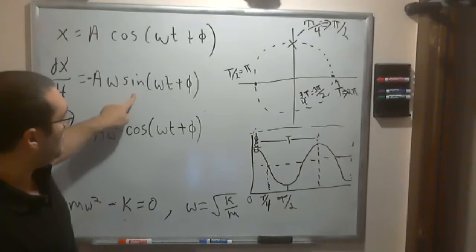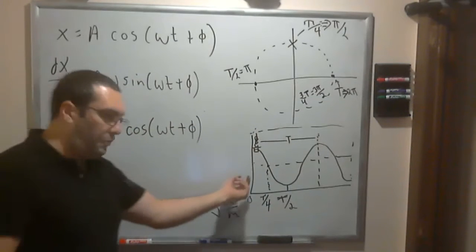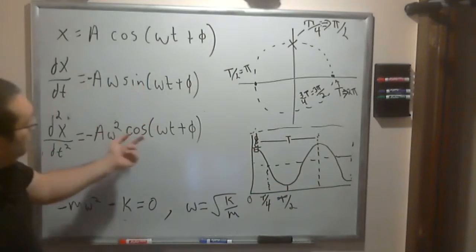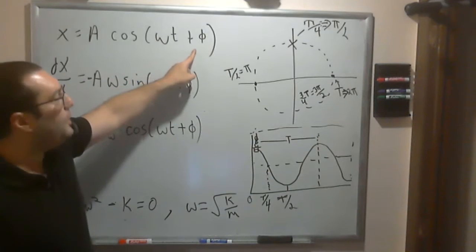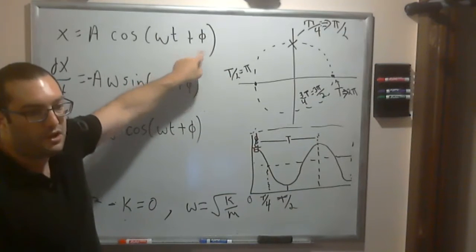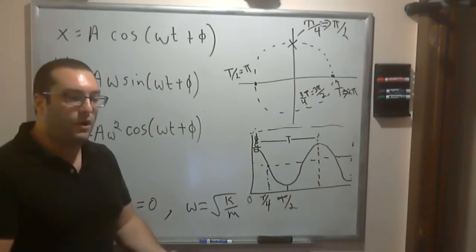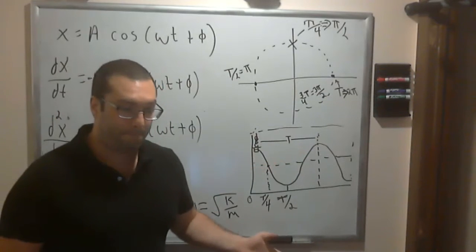Sine would be 0 again, because the velocity is 0 at this point, at the low max. So we set phi equal to pi here. This is known as the phase. It tells you at which point in the cyclical motion you start.